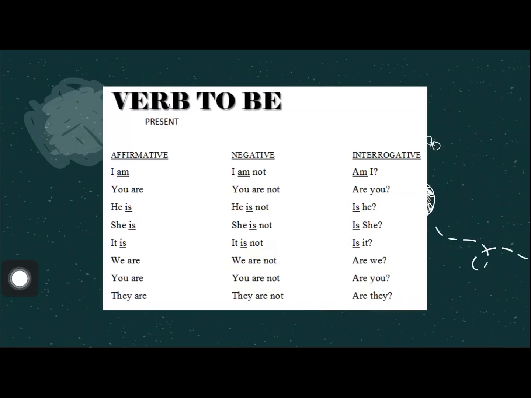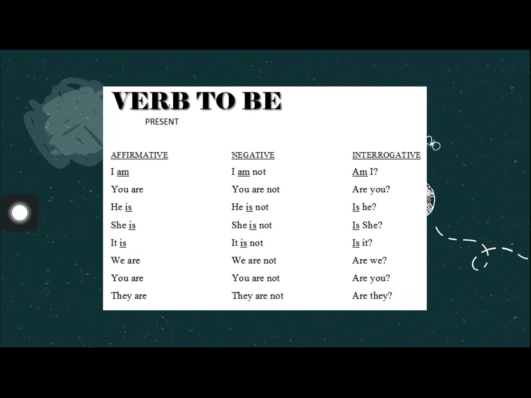Look at this. Another example is I am in affirmative, I am not. But in a question, in an interrogative way, we have to change the order of the words. For example, am I? In affirmative, you are not, are you?